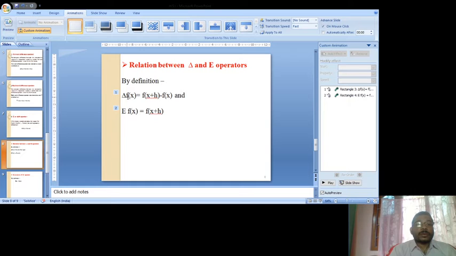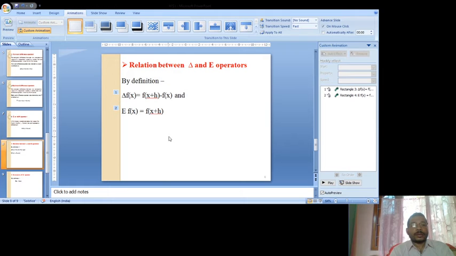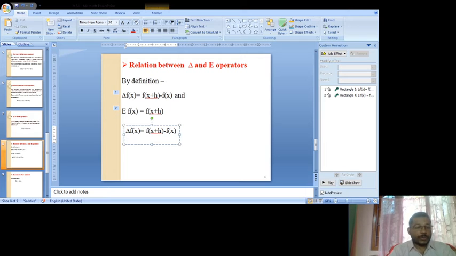Consider the first relation. In place of f of x plus h, we can write E f of x, minus f of x.